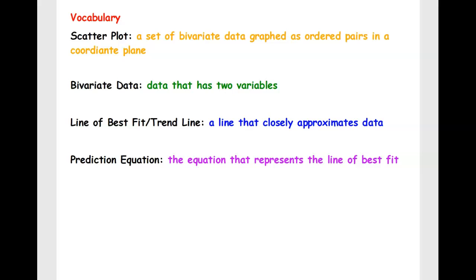Our line of best fit or trend line is a line that closely approximates the data.